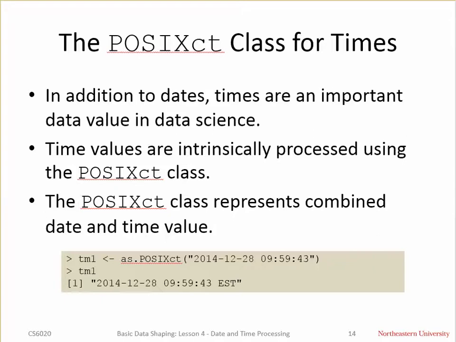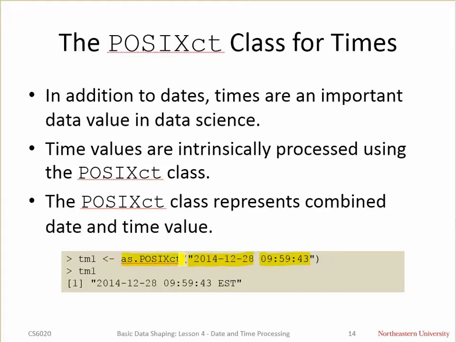This is how you can combine both date and time if you need that type of time stamping capability. So here's an example of that. Here we have the date 2014 12/28 and then a time 09:59:43, let's say. And we want to convert or represent that as a POSIX time.